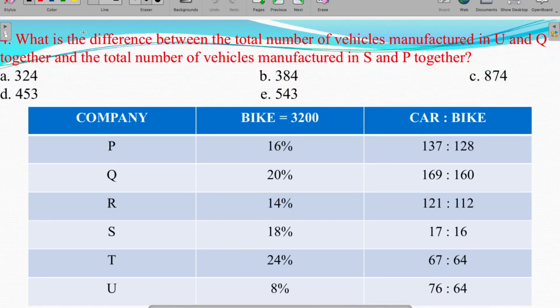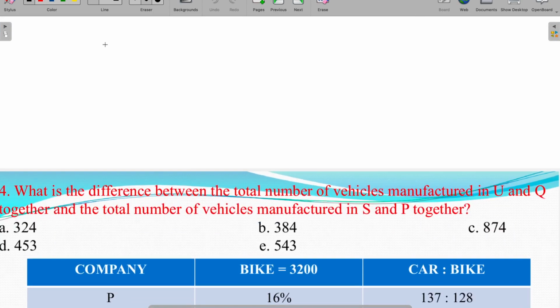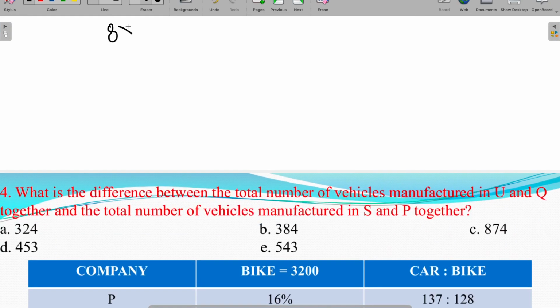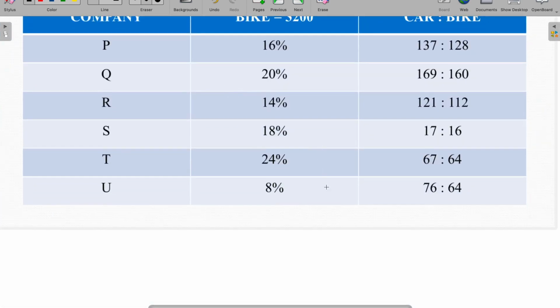Let's write it. U is 8 percent of 32, that is 8 into 32, equal to 64. But I want to find out the total number of vehicles.